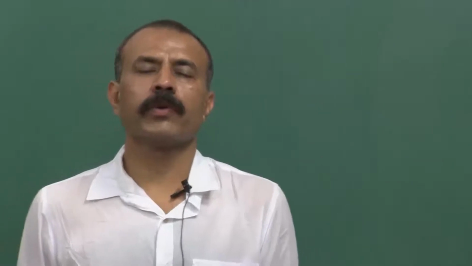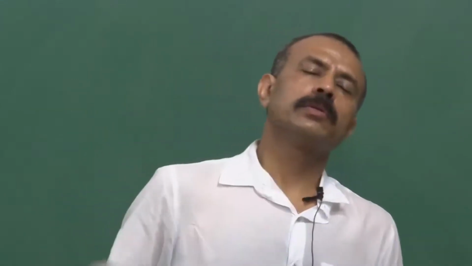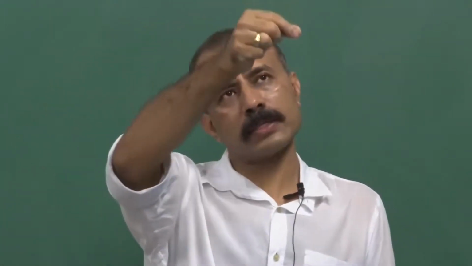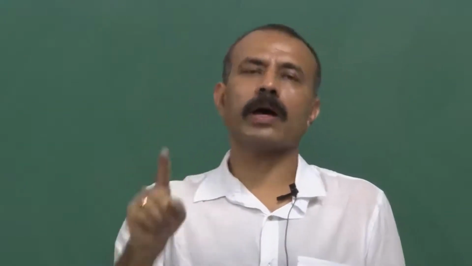So in the previous class, if you recollect, we talked about the circuit which spans between the SA node, the sinoatrial node, all the way to the AV node, and in that process the circuit is bifurcated into 2 like this, and it merges at one point. And you must have observed that the distance between SA node to AV node is less when the circuit is passing through the right upper chamber as compared to when the circuit passes through the left upper chamber.